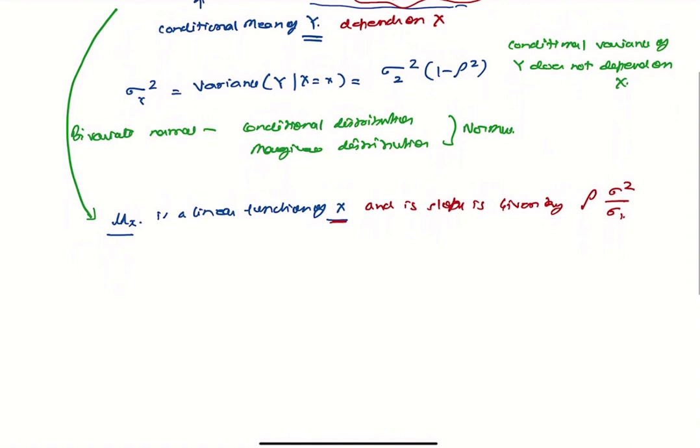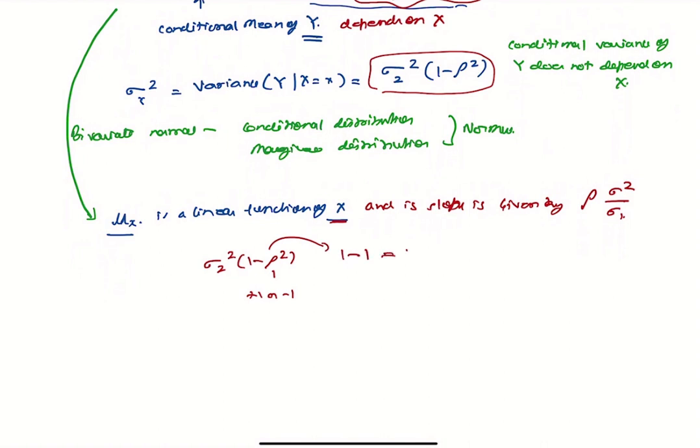The other thing is about variance. Look at this equation of variance. If the correlation coefficient rho is minus 1 or plus 1, it doesn't matter. Rho square becomes 1, which means 1 minus rho square becomes 0.